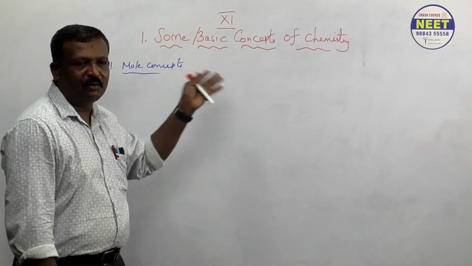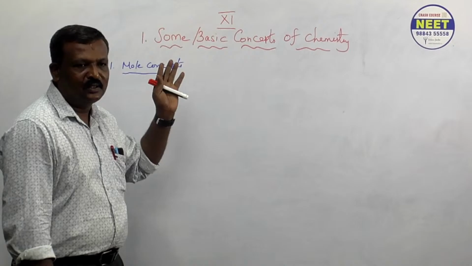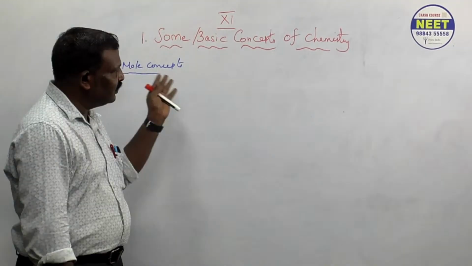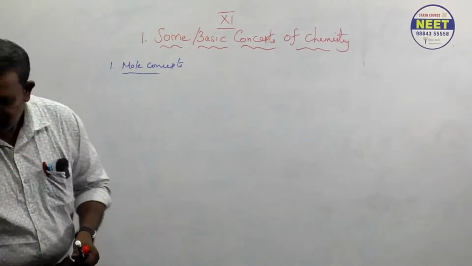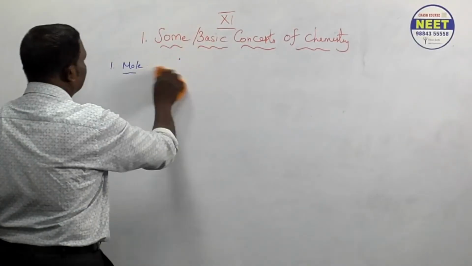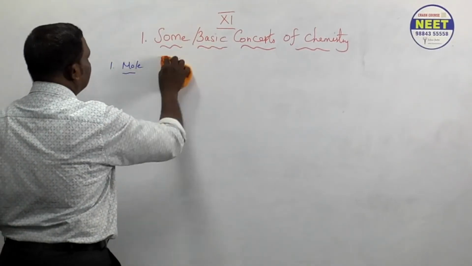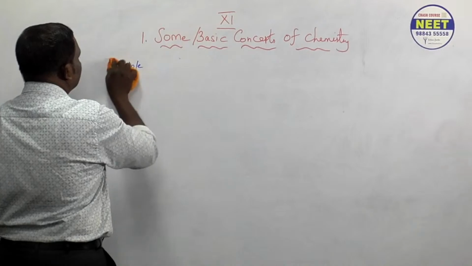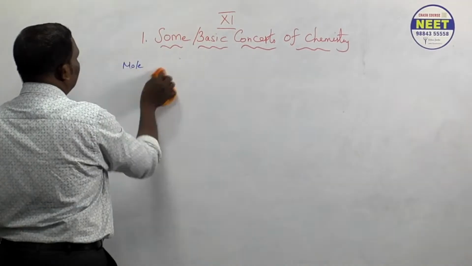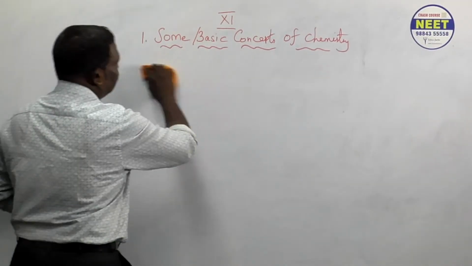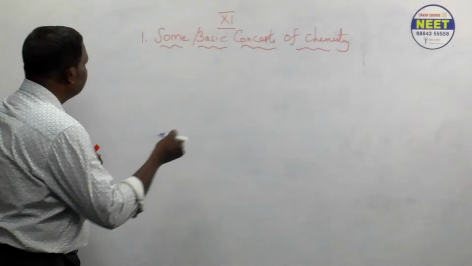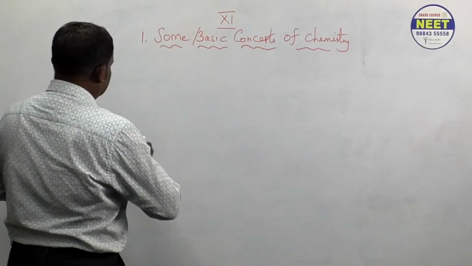See, Hasan, you write like this. First one, mole. Second one, atomic mass, or we can say molecular mass. Understood?